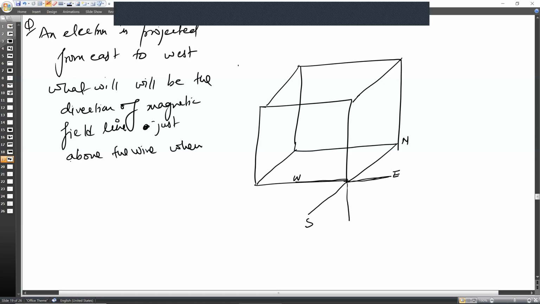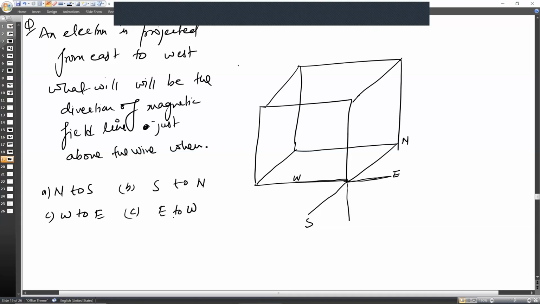Tell me, will it be from north to south? The first option is from north to south. The second option is from south to north. The third option is from west to east. And the fifth option is from east to west. Tell me, which is the correct option? North to south.